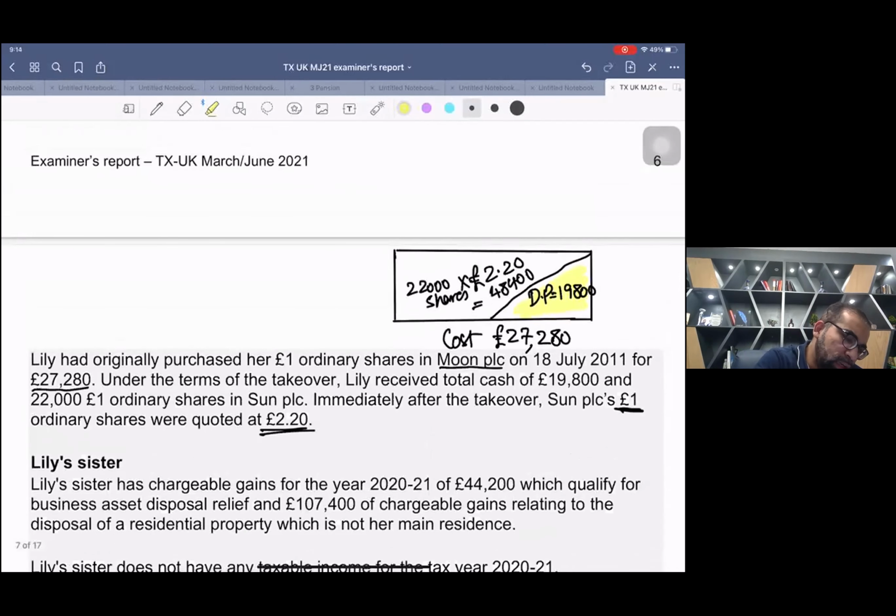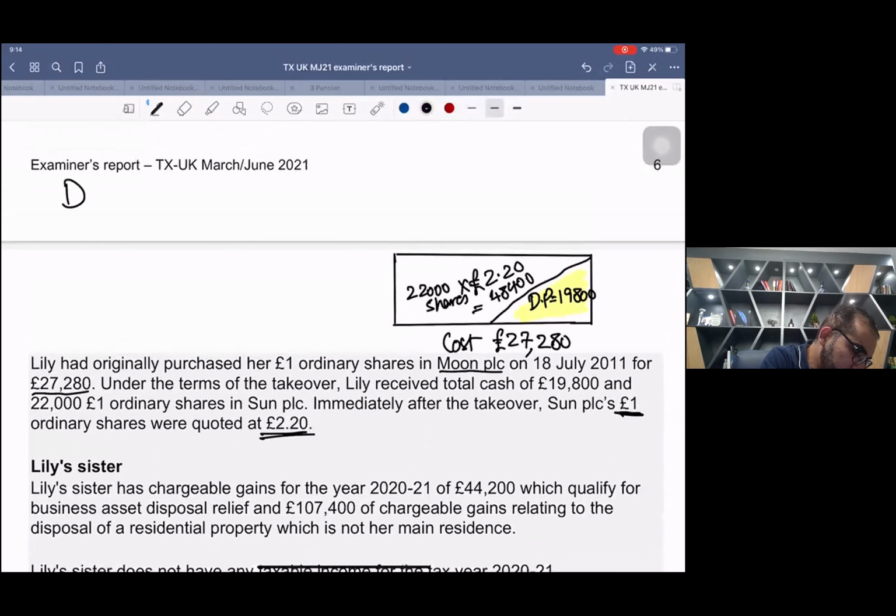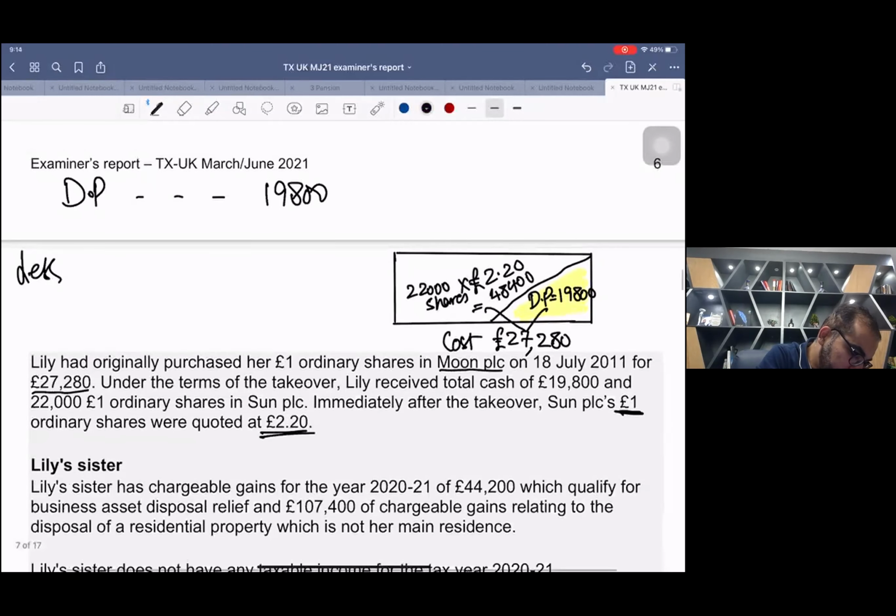What is your DP? 19,800. Less the original cost, which you need to apportion between these two: 27,280 multiplied by the DP 19,800, divided by DP plus the market value of the remainder, which is 48,400.